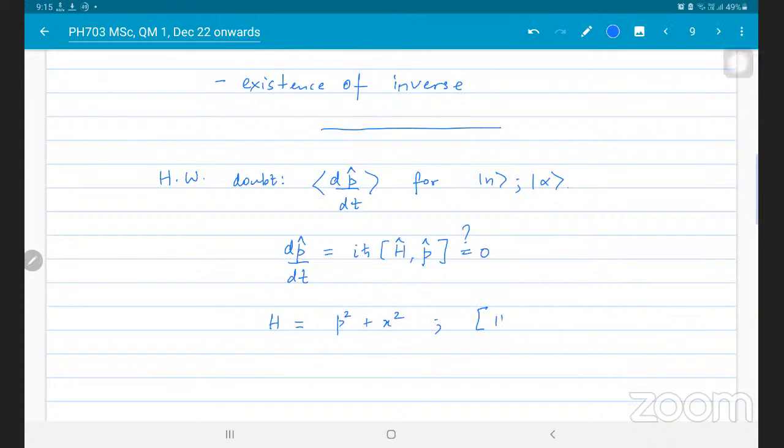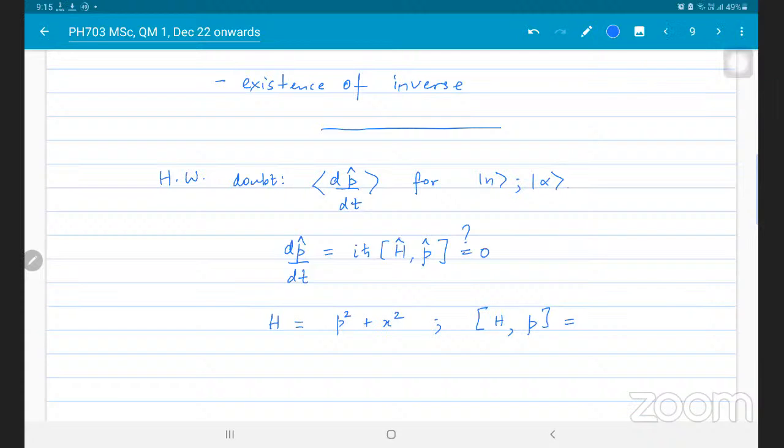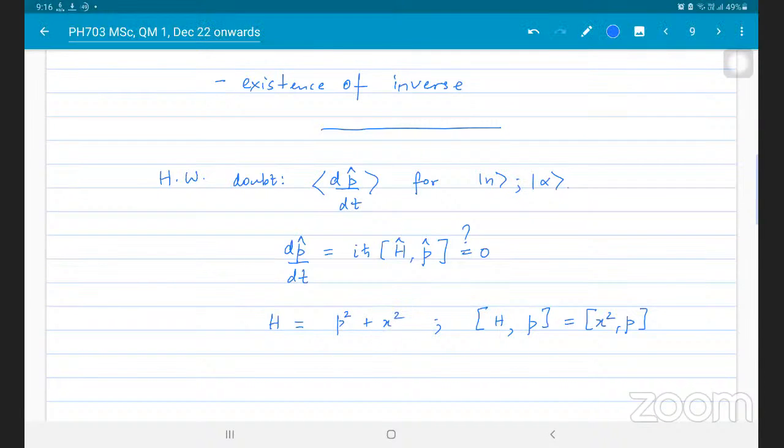So if you take the Hamiltonian and take the commutator with the momentum, what do you get? Do you get 0? No, sir. We will get minus dV by dx, the derivative. Commutator of p squared with p is 0, right? Yes, sir. But you have an x squared part also, no?